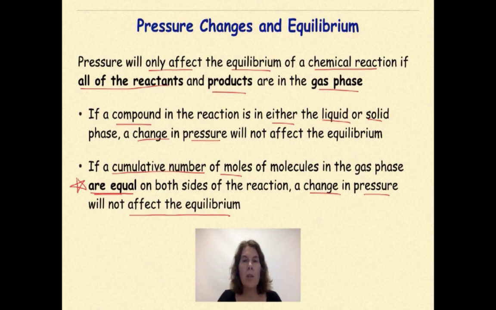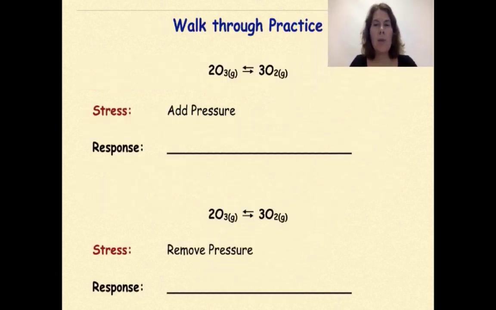So if you're looking at a situation where pressure is being considered, you need to make sure that you total up the number of moles on the reactant side and the product side, and compare the two. Let's do some practice. I have O3 and O2, right? This is my left and this is my right. The stress here is that I'm adding pressure. If I'm adding pressure, I want to go to the side where I have the least amount of moles. So if I look at the coefficients here, I have a 2 here and I have a 3 here.